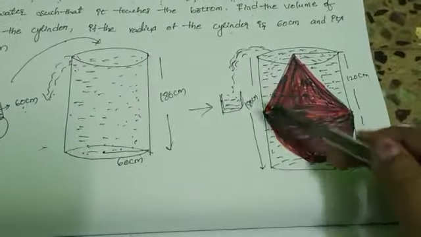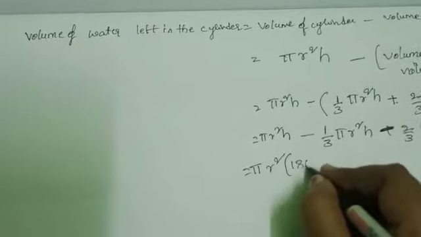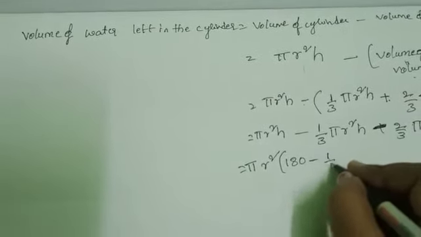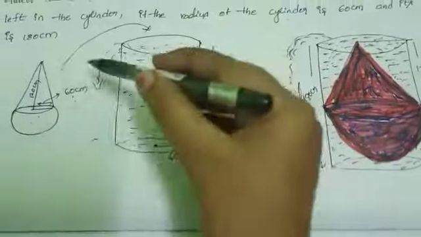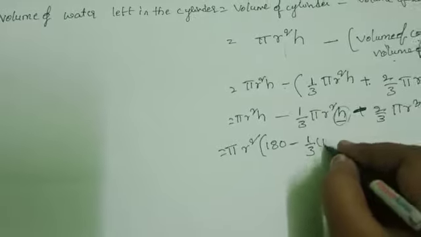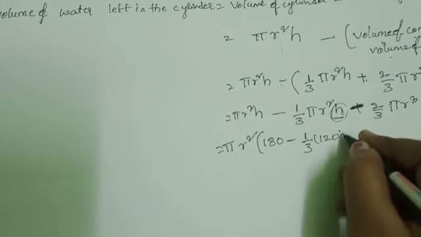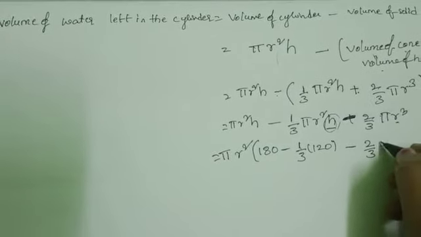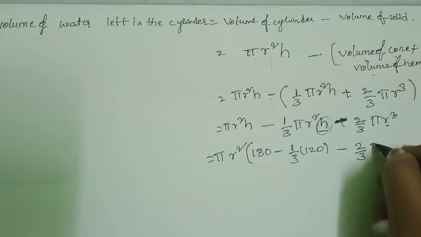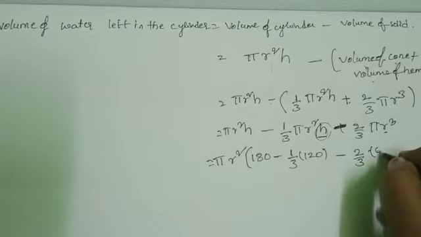Height of the cylinder is 180 centimeter minus 1 by 3 into height of the cone. Height of the cone is 120 centimeter minus 2 by 3 into r. Radius of the hemisphere is 60 centimeter.